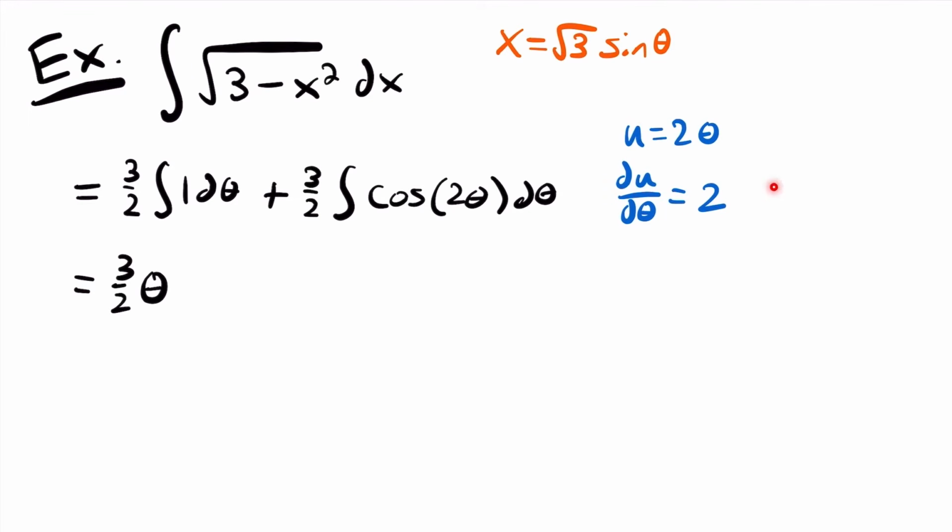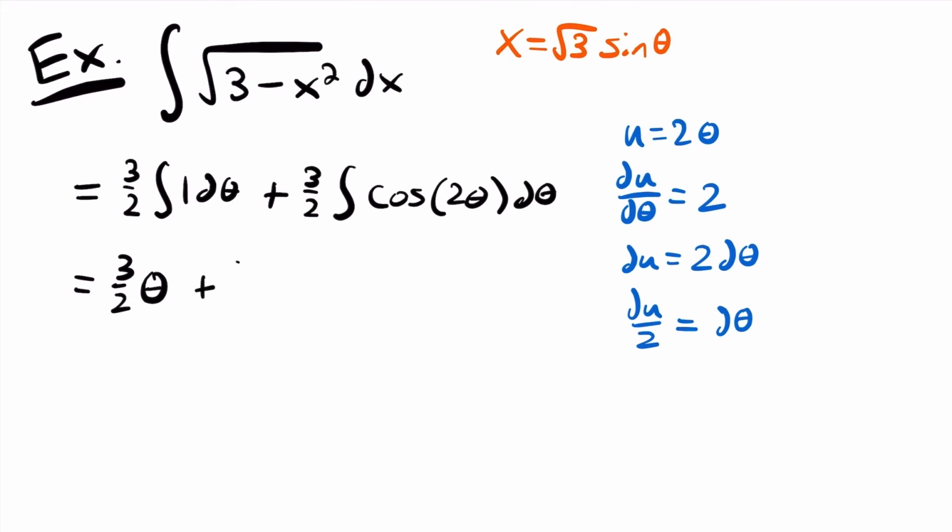And if we multiply both sides by d theta, we will have that du is equal to 2 times d theta. And then whatever du is equal to needs to be found within our integral, but I only see d theta, I don't see a 2, and so if I divide both sides by 2, we'll have that du divided by 2 is equal to d theta, and now we have a term of du that can replace something that we can find in our integral.